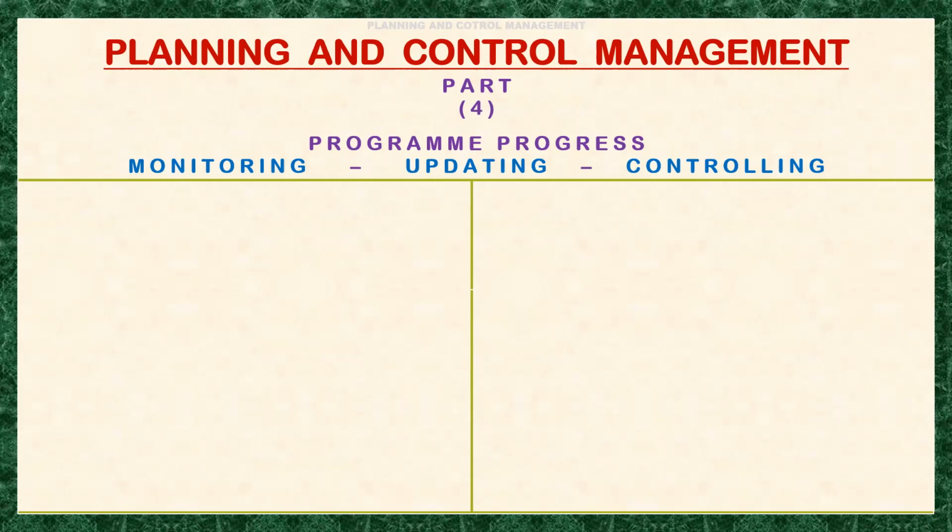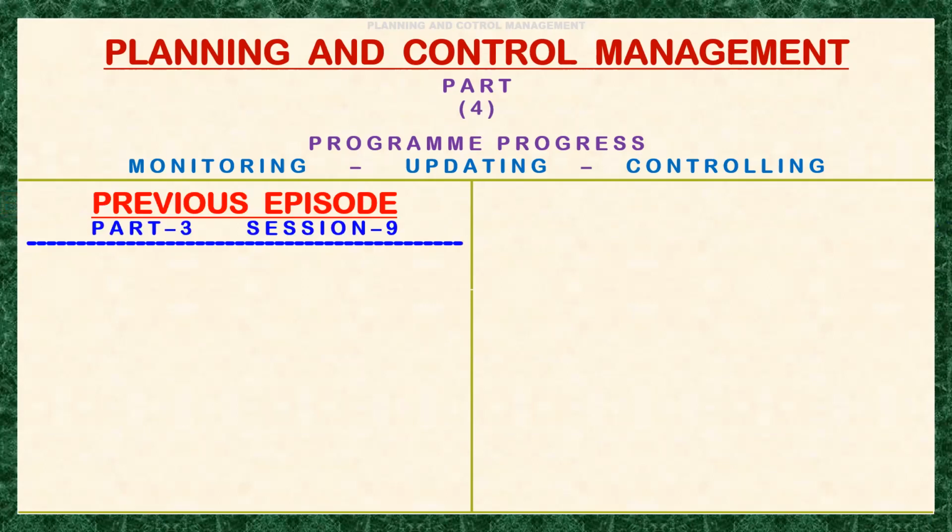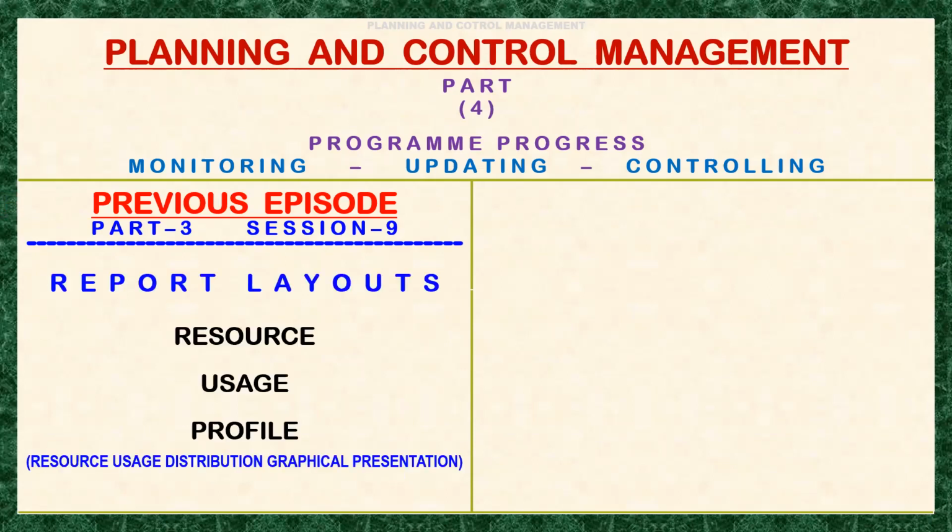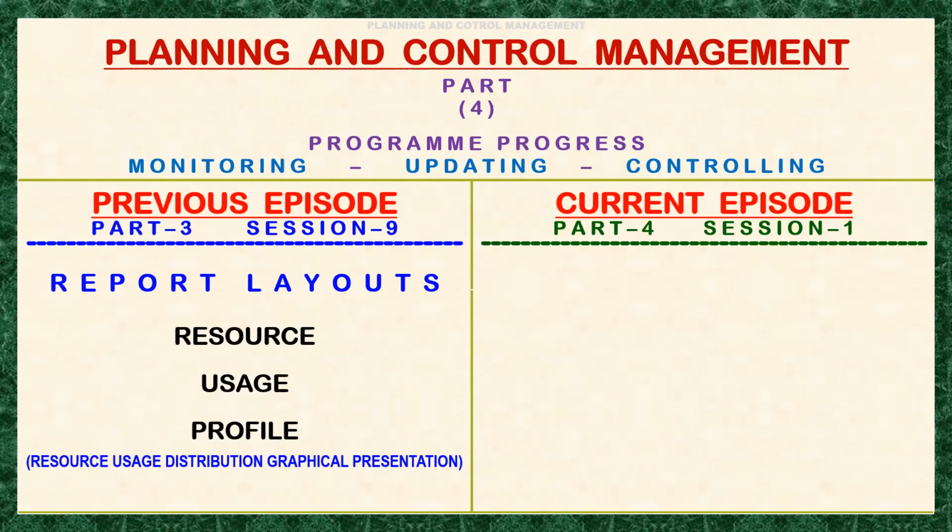We will look back to our previous episode, which was Part 3, Session 9, where we discussed the report layouts and how to create the resource usage profile. This is also called the resource usage distribution graphical presentation. Now we will be starting Part 4, Session 1.